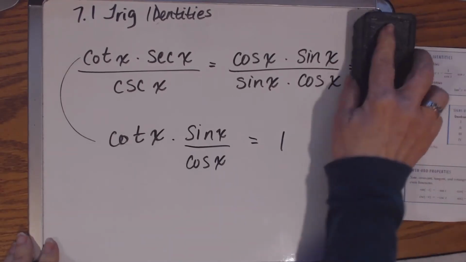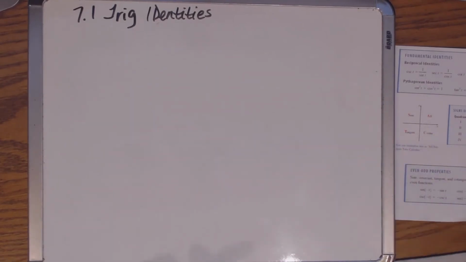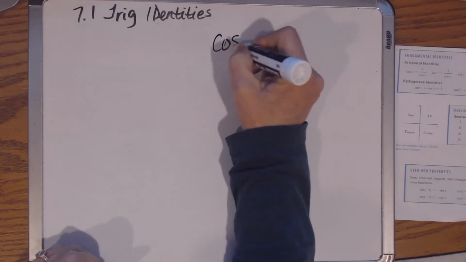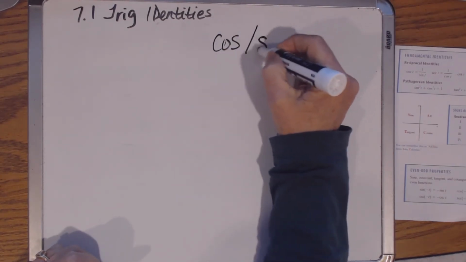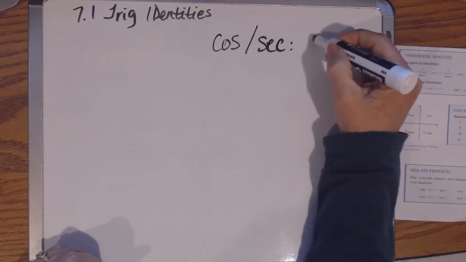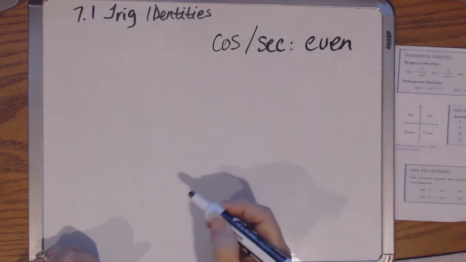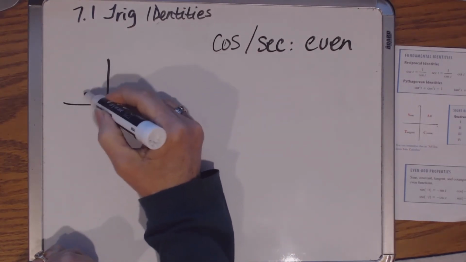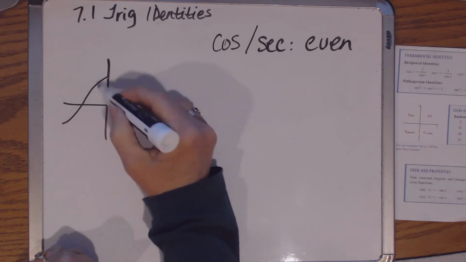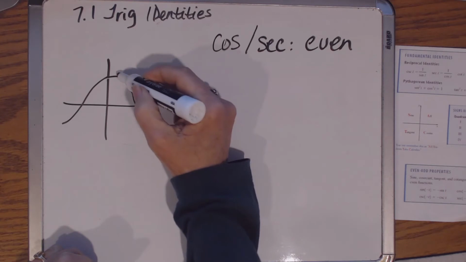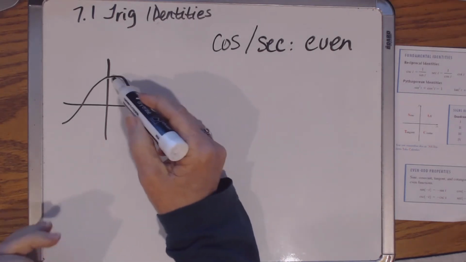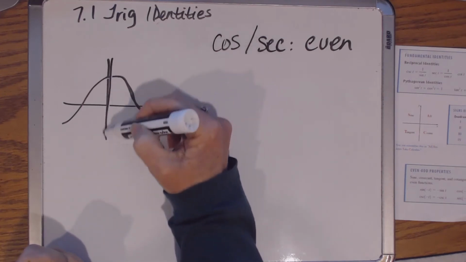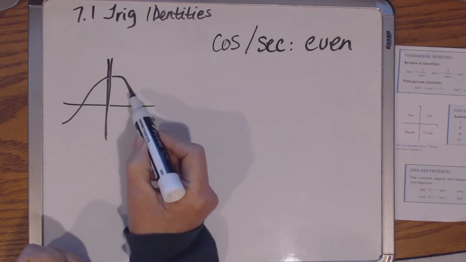And then one of these I want to do involving even and odd functions requires you to remember that cosine and its reciprocal, secant, are identified as even functions, okay? And realistically, this has everything to do with the graph. If you remember that cosine has a graph that goes something like this, and if you think about it, it's the one that's actually closer to a parabola. It is symmetric, if it's drawn to scale anyway, symmetric to the y-axis.